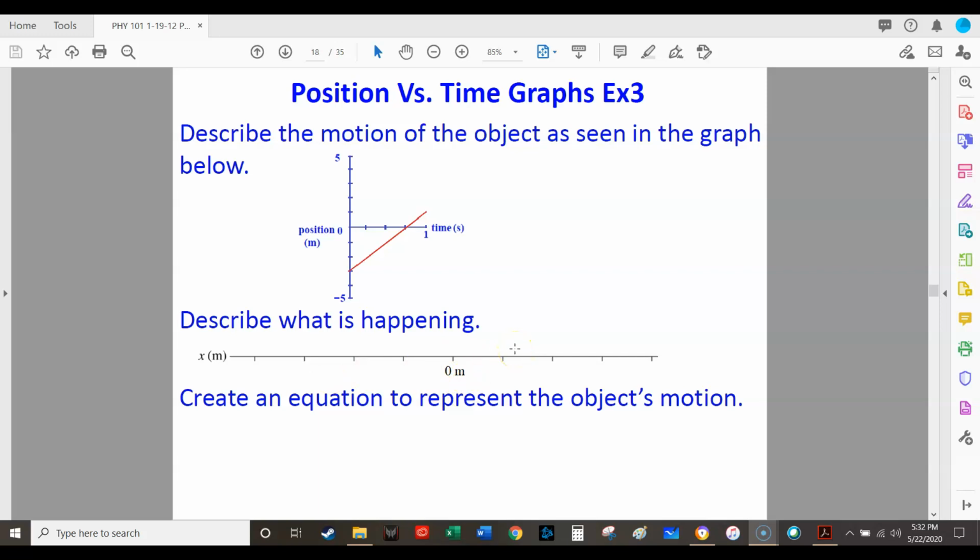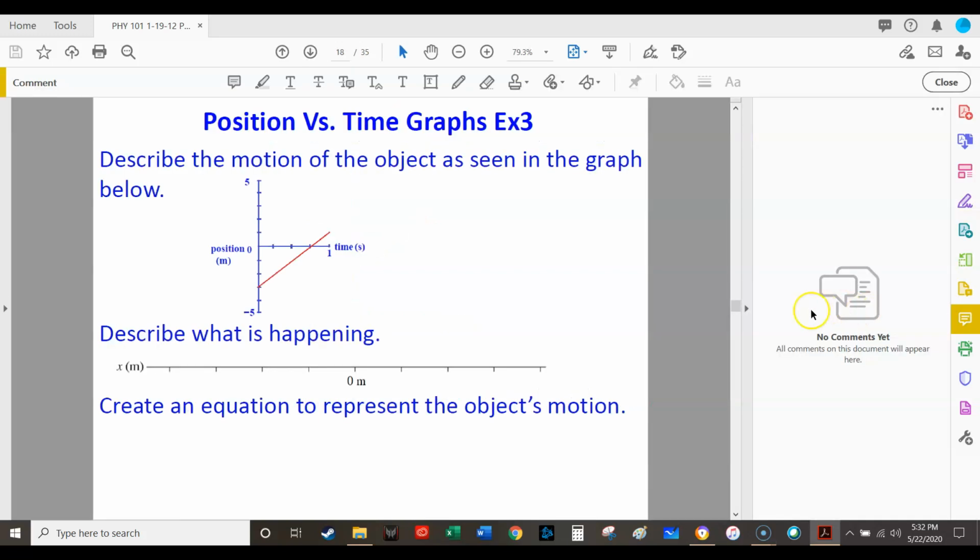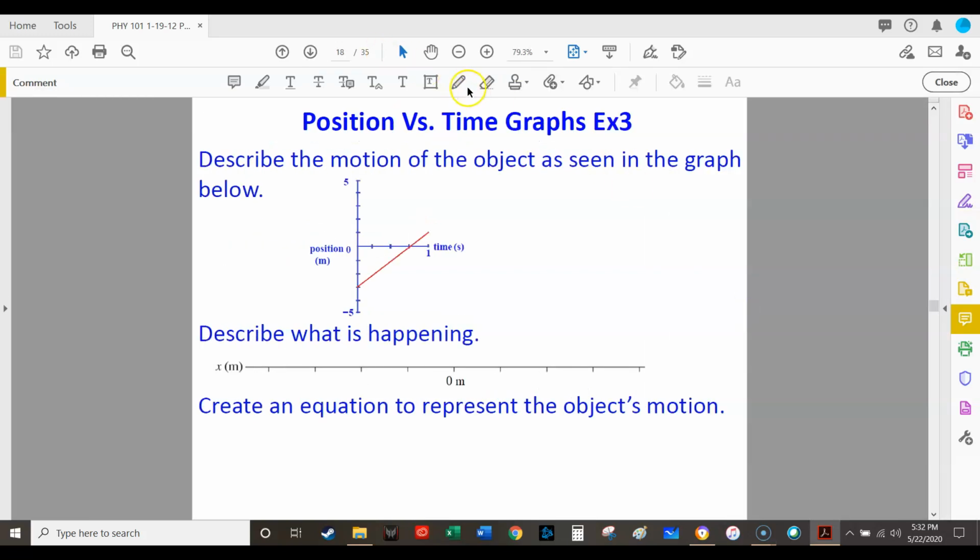So you've had a chance to work on this, and hopefully you've written an equation and you've tried to use this axis to kind of mark up your document. So this is an extension of our first graph that we were using. Again, this is 5 meters. I'm just going to start off by looking and interpreting the graph itself without looking at the red data points.